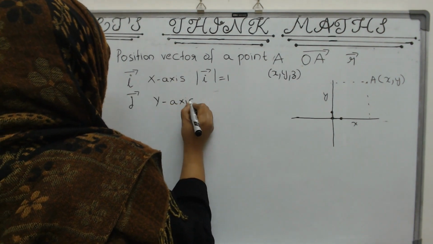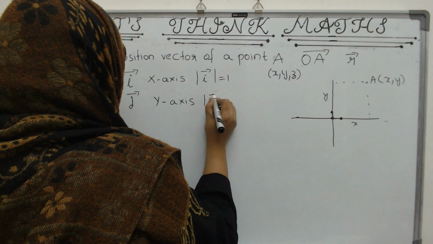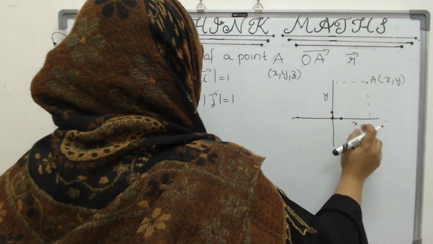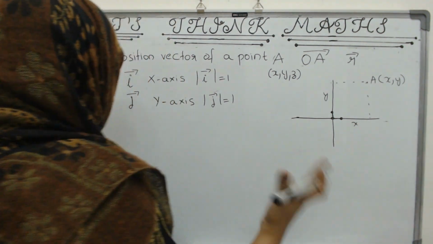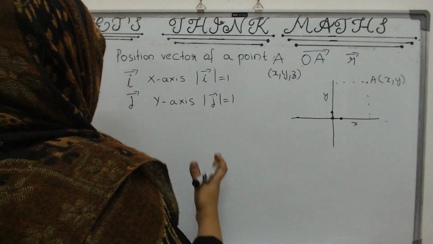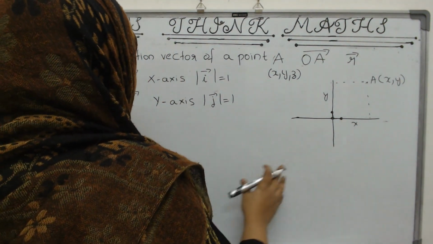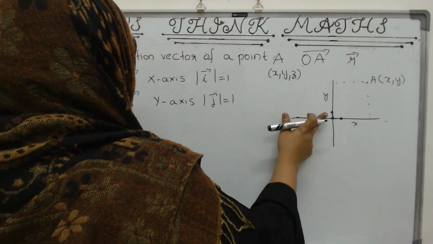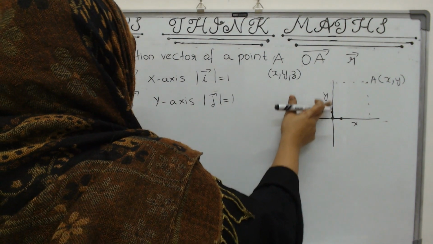Again, it is a unit vector. So now, what is x? Suppose x is 5. So what is 5? 5 is 1 plus 1 plus 1 added 5 times. Suppose this is 7. What is 7? 7 is 1 added 7 times.